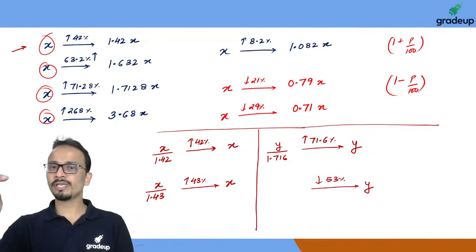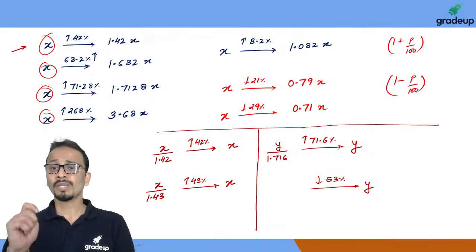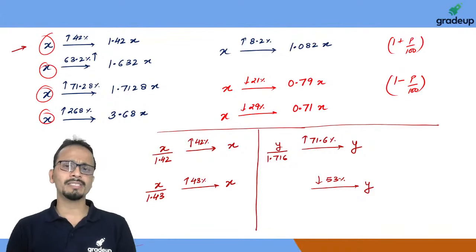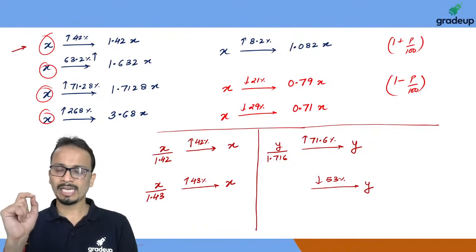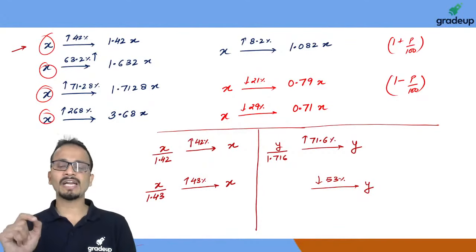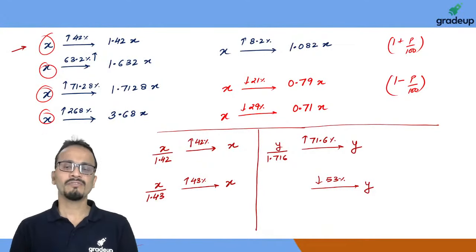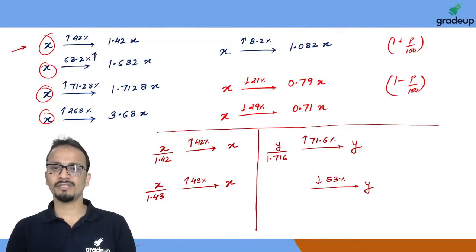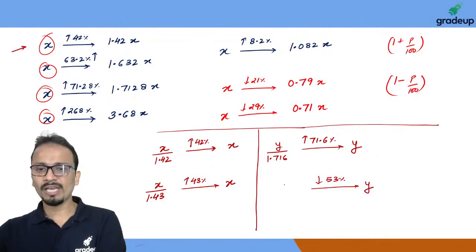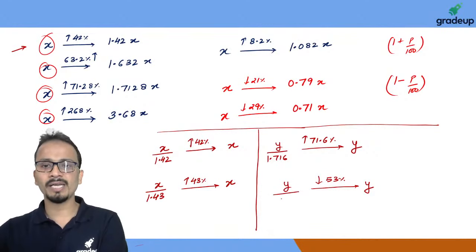As you can look at the above examples, the factor that will be generated will be less than 1. So a number when decreased by 53 percentage, the factor will be 1 minus 0.53. The factor will be 0.47. So the initial value will be Y divided by 0.47.